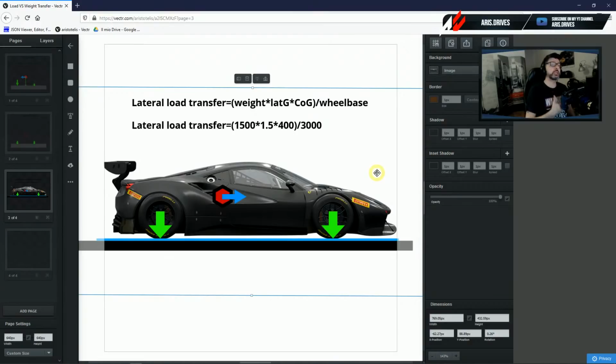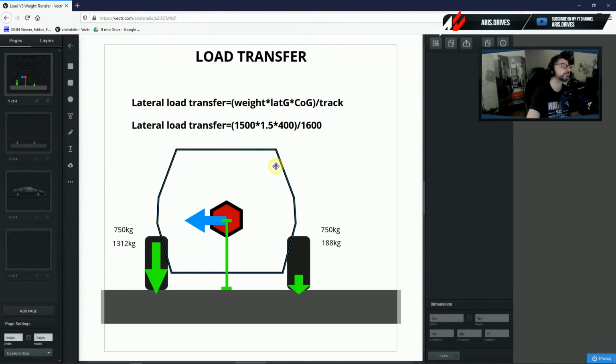While the load transfer on the Porsche, which has a much shorter wheelbase, is much higher and faster. Because of that, the car is more reactive and more nervous. It's good because it's agile, but it's also more nervous. So this is what happens with load transfer. Everything clear up to here?